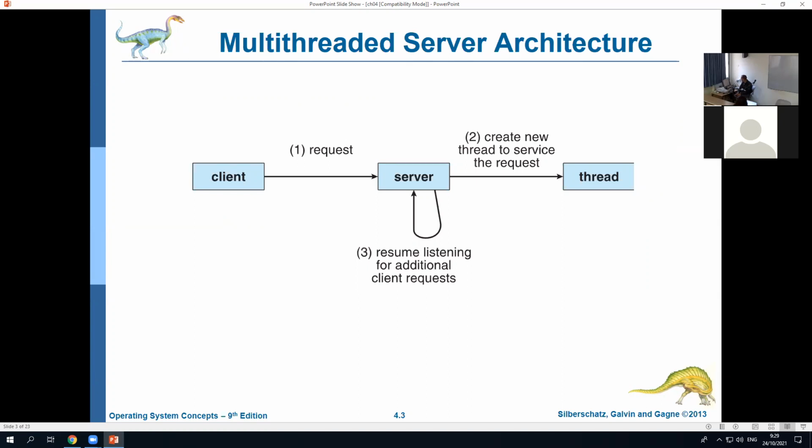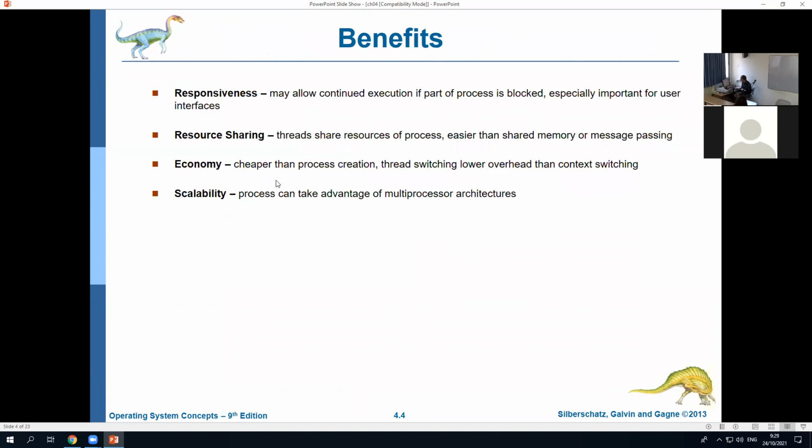But here it creates an additional thread for dealing with the client. There's an additional program to deal with the client's request. The client gives a request, it creates a new thread to service the request, and then the server goes back to listening again. But the thread will handle the talking with the client.